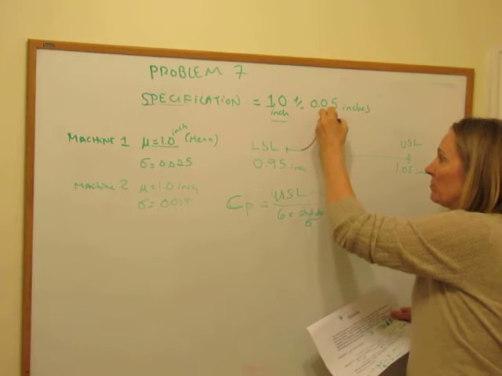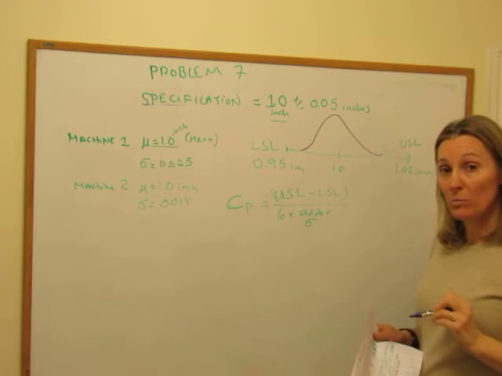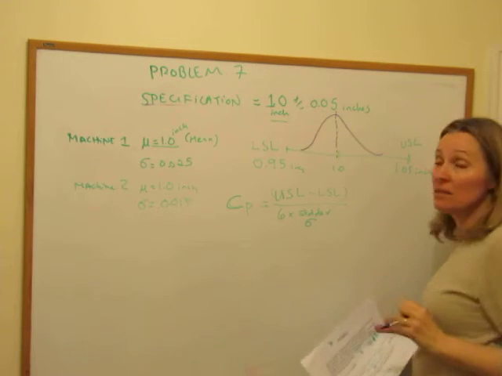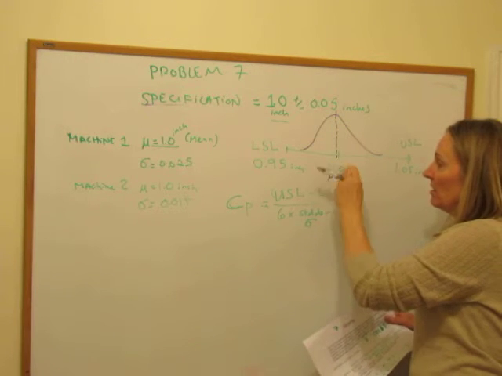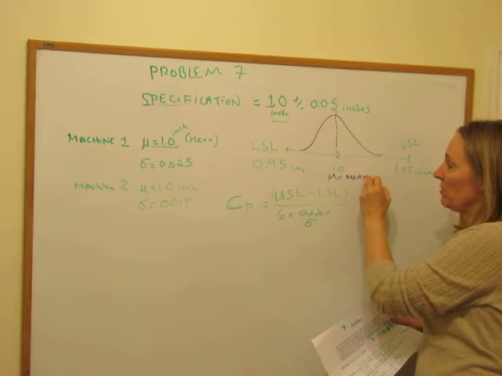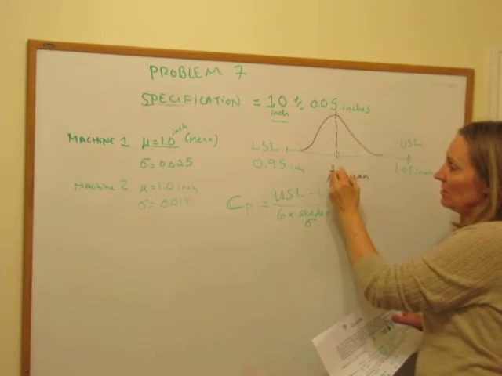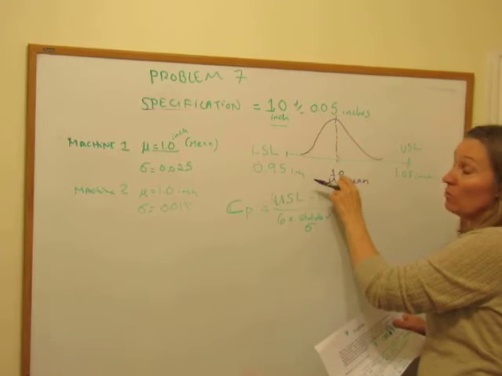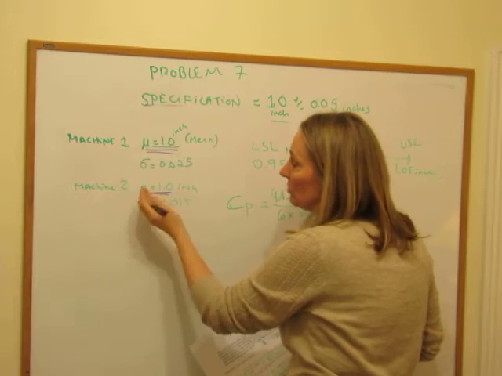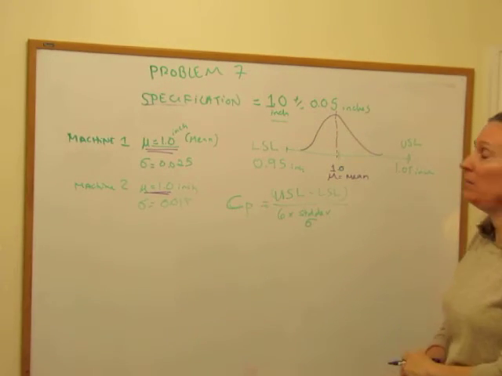And we would represent that distribution with a normal distribution curve, and it's going to have some mean. Let's assume for a second that it's centered, that this mu stands for the mean of the process, and that it is centered on the mean of what we want. That is the case with machine 1 and machine 2. They are centered on the mean.